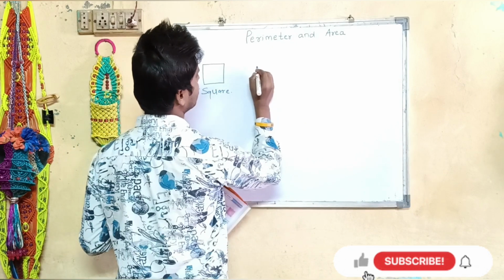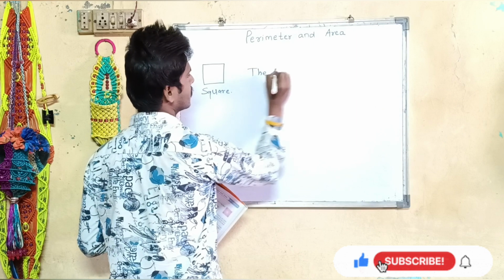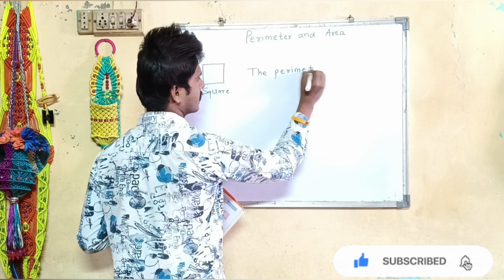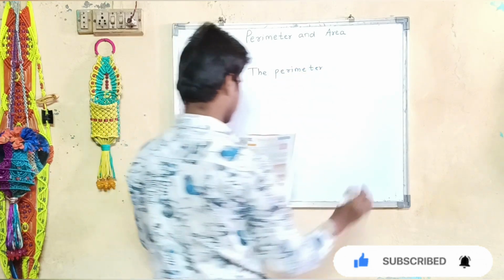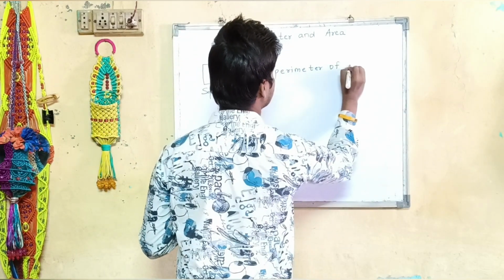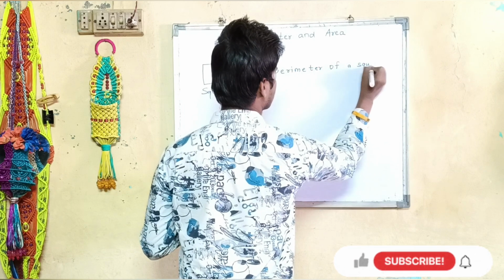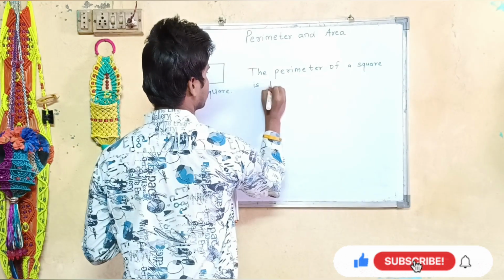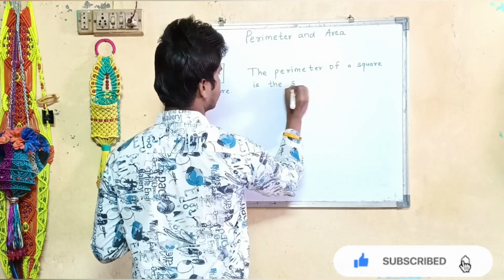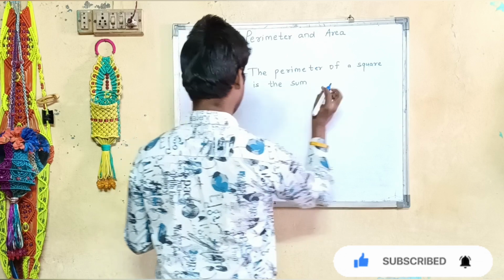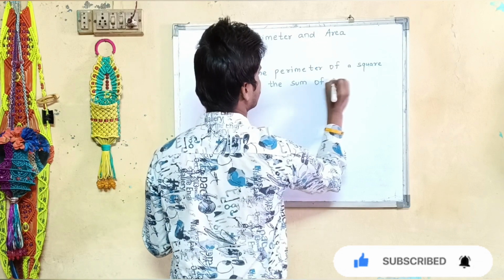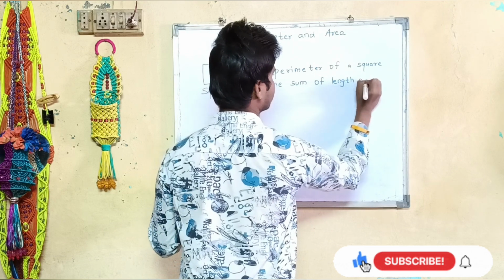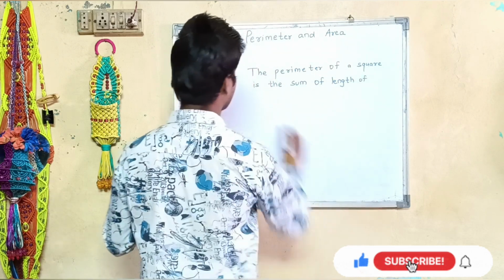So what will be the perimeter? The perimeter of a square is the sum, means you have to add, of length of all four sides.